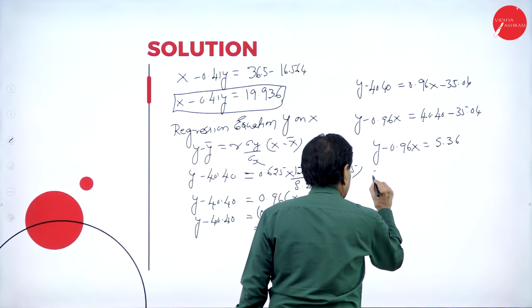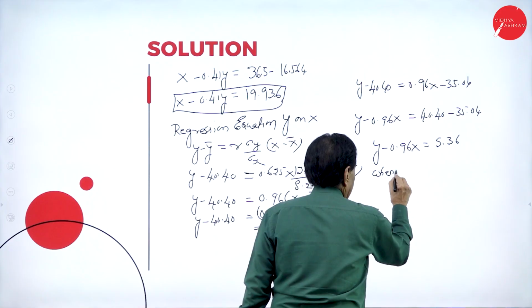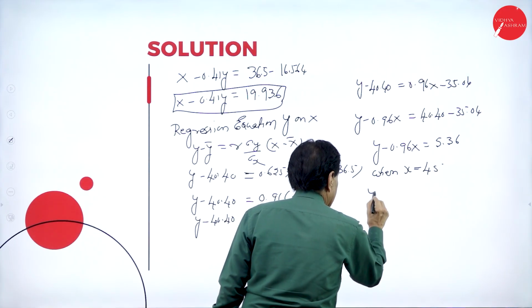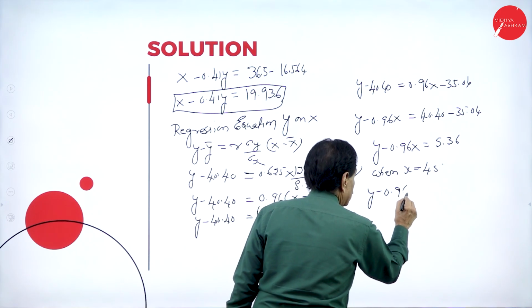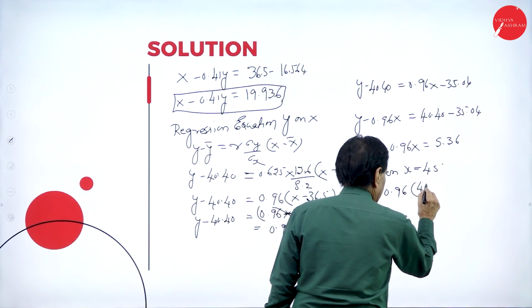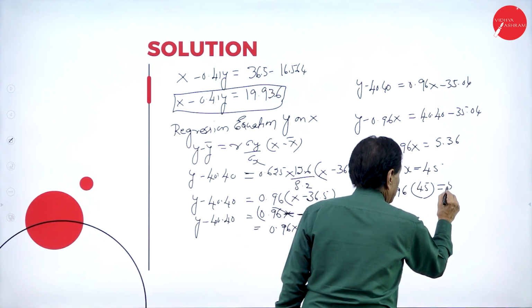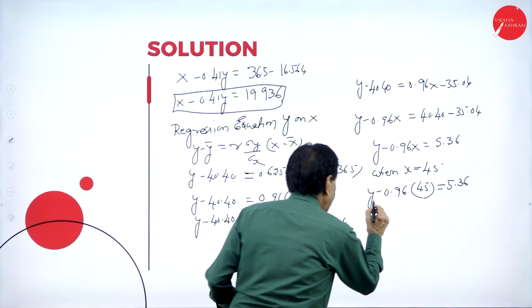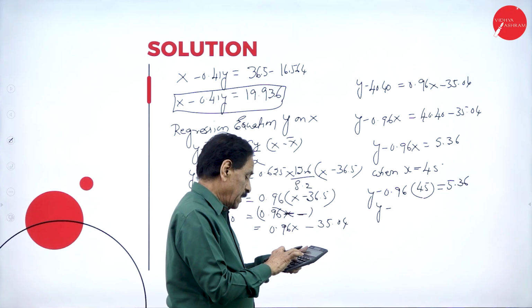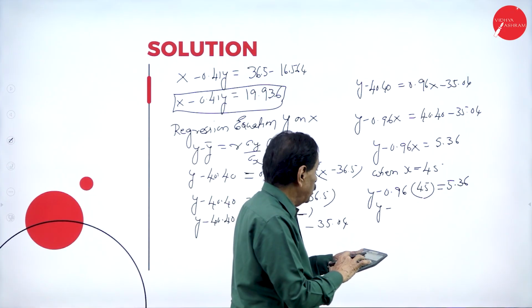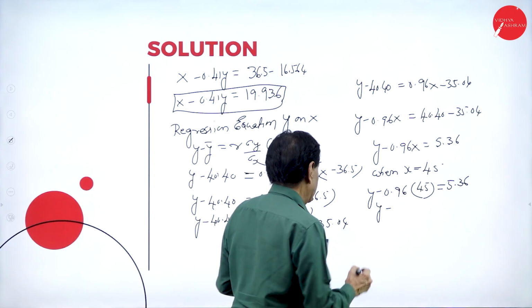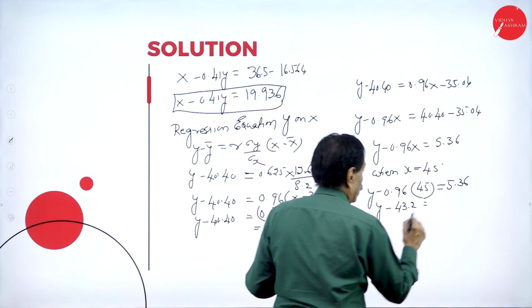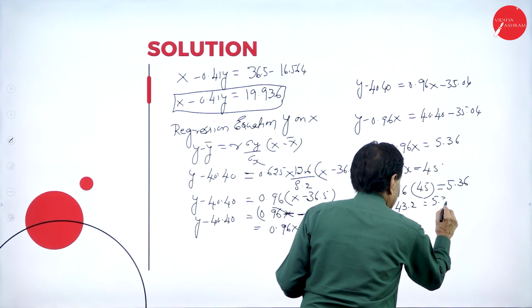What's the y value when x is 45? When x is equal to 45, y minus 0.96 into 45 is equal to 5.36. So multiply: y minus 43.2 equals 5.36.